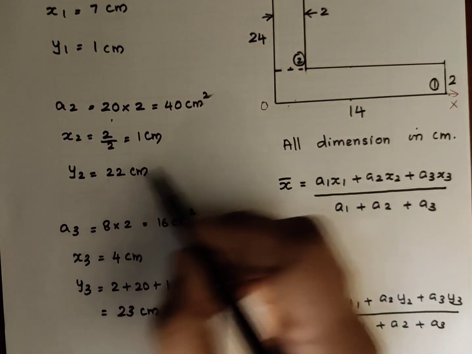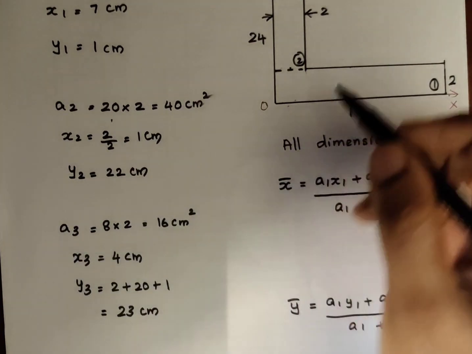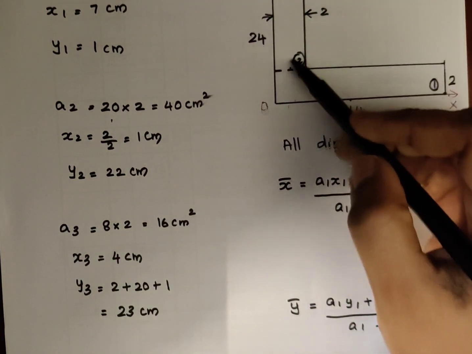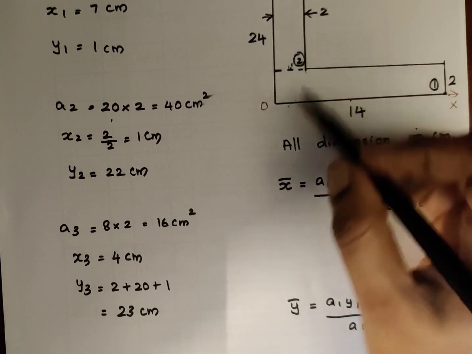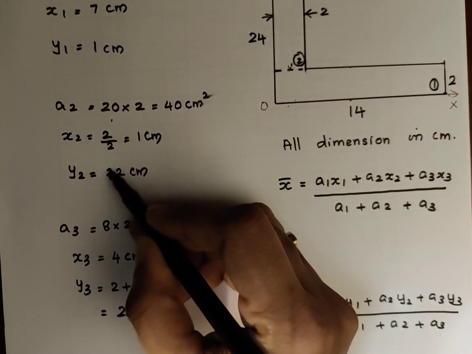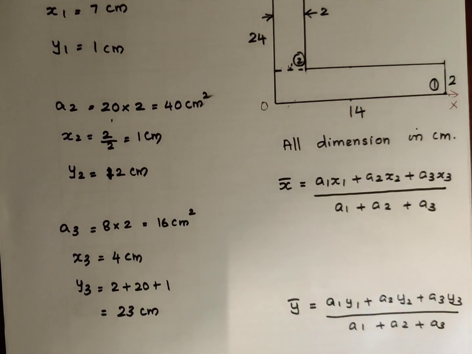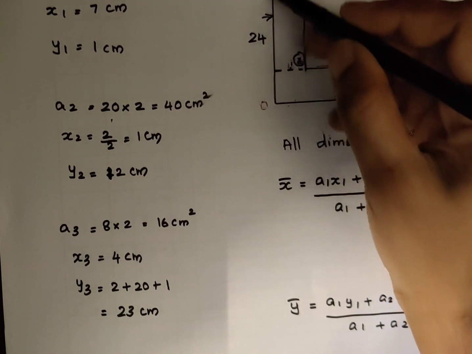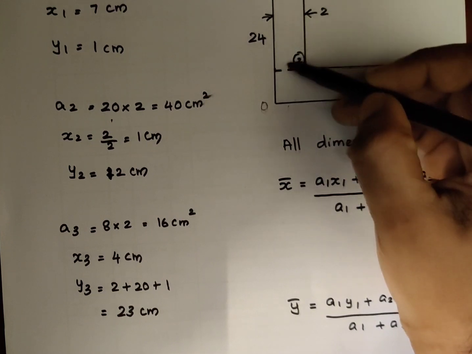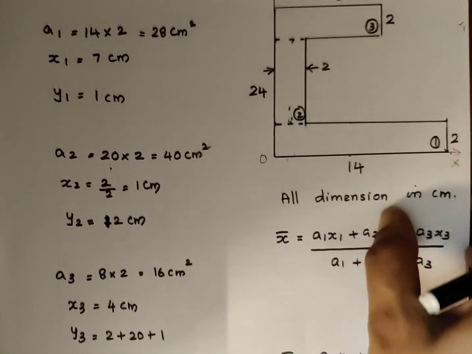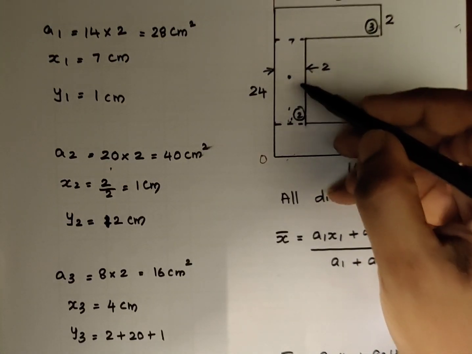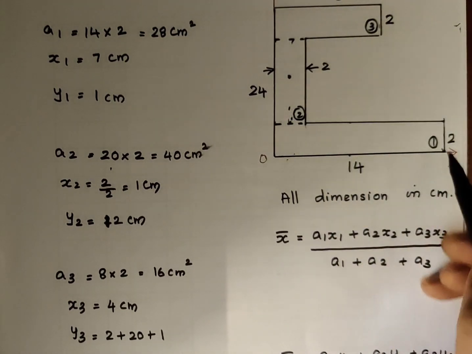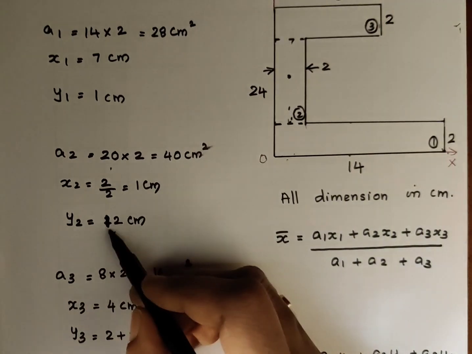Here you have to make one correction. y2, this length is equal to 2, and half of this length is equal to 10. So this is not 22, this is 12. This is 2, and half of this length is 20 by 2, so this length is equal to 10, and this length is equal to 2.